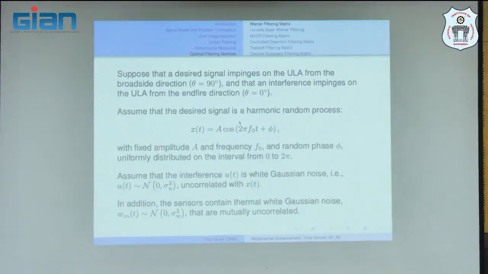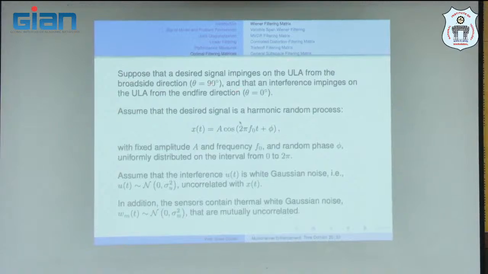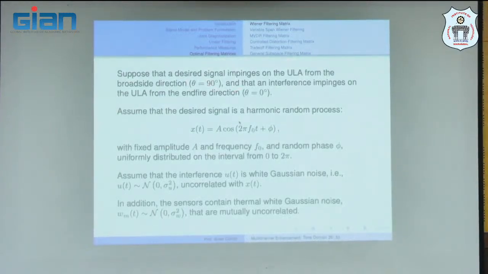But now, because we have multiple channels, we need to know also where the source signal and the interference come from. So we assume that the desired source is from the broadside, theta equals 90 degrees, and the interference is from the end fire direction, from 0 degrees. And in addition, we have some level of thermal noise.